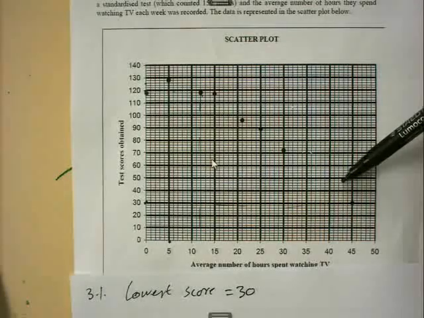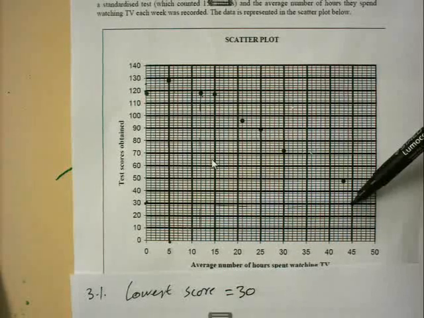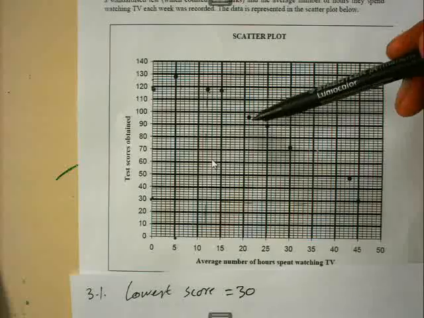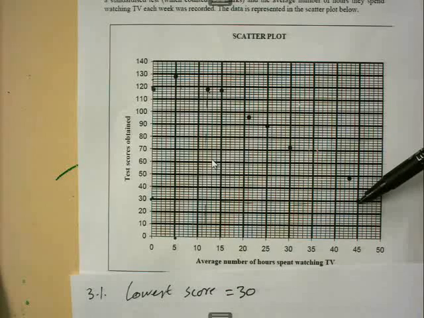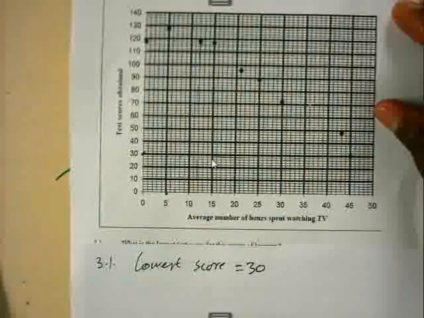The score here, just below 50, it can be 48, 49. This one on top is 30. So this is the lowest score, because we talk about 8 learners: 1, 2, 3, 4, 5, 6, 7, 8. The lowest score here is 30. The first question answered. And I hope, learners, you are happy with the answer.